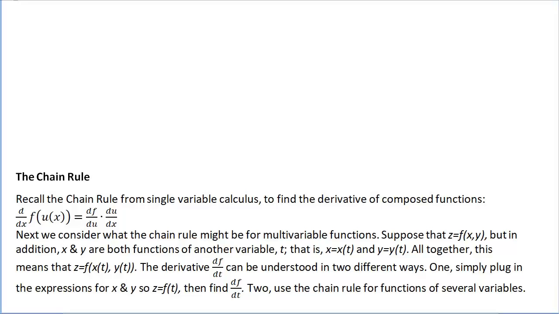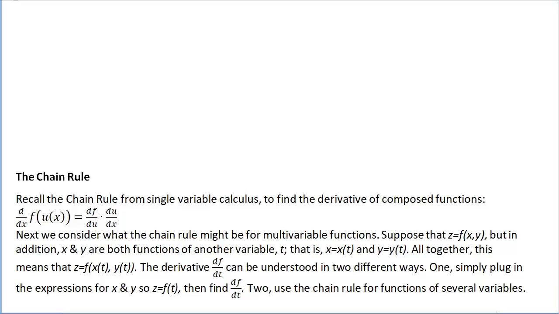So x is x of t, and y is y of t. Altogether, z equals f of x of t, comma, y of t. Now we want to ask, what is the derivative of the outermost function f with respect to the innermost variable t? In other words, df/dt.